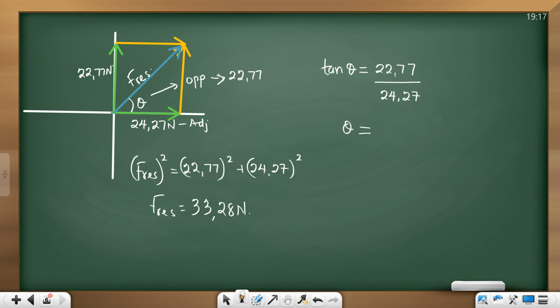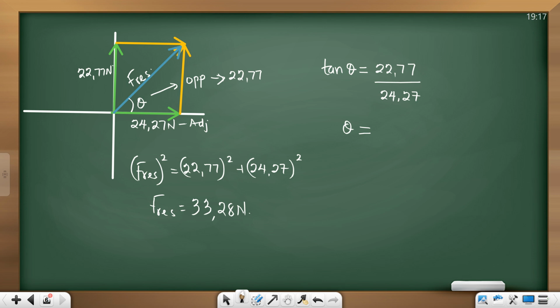Kutlwano has 43,17 degrees. Yes, Tegofato?